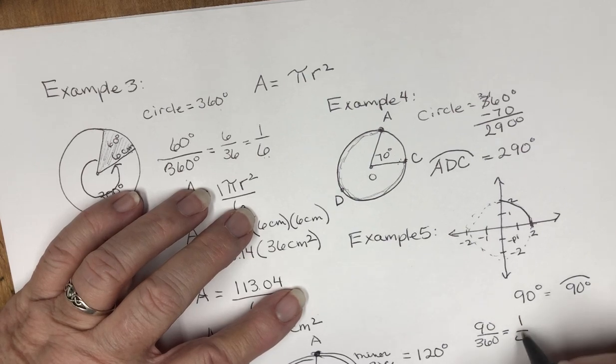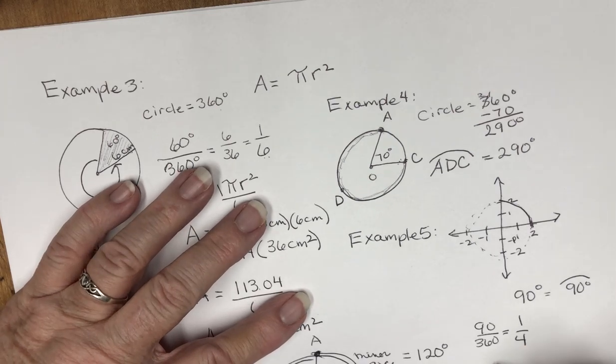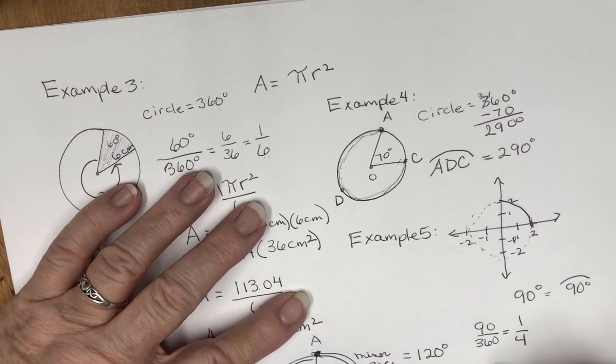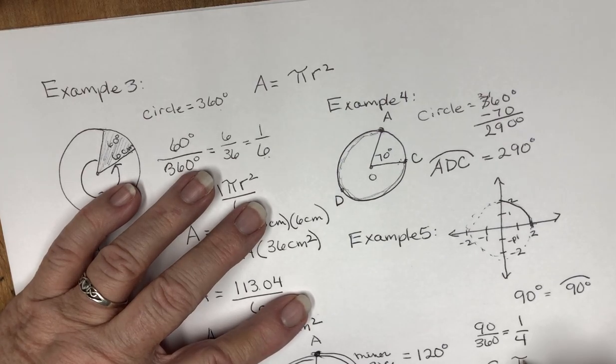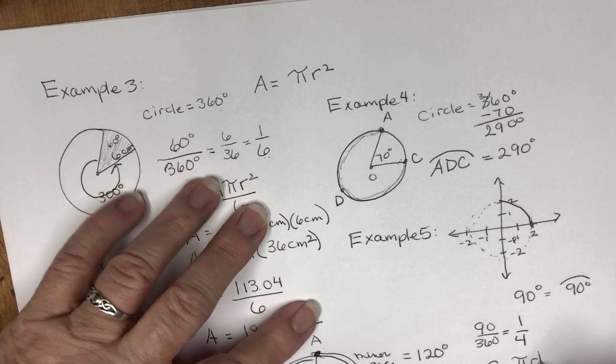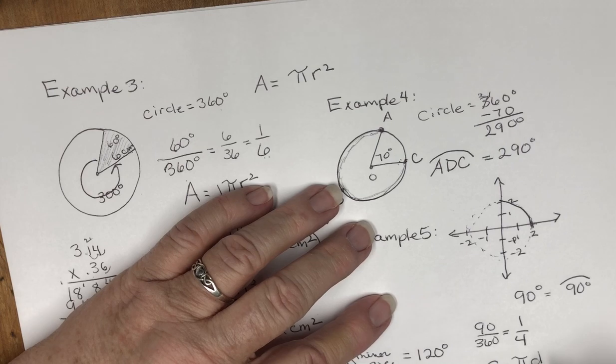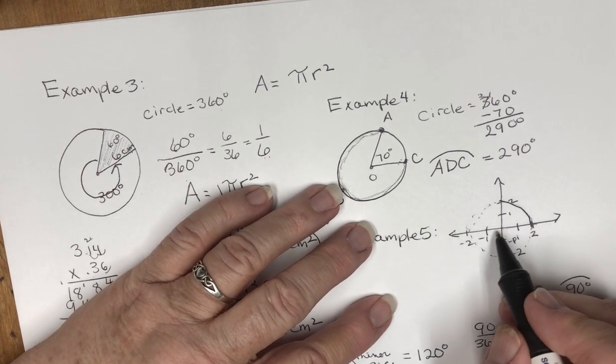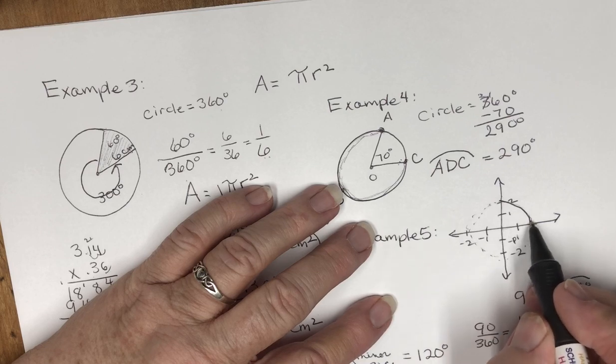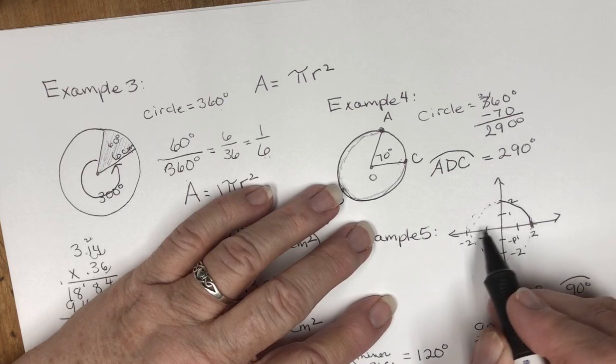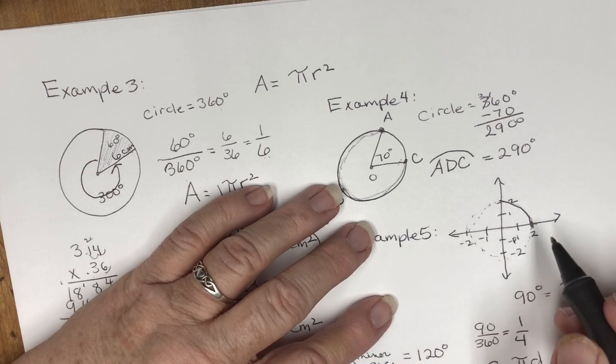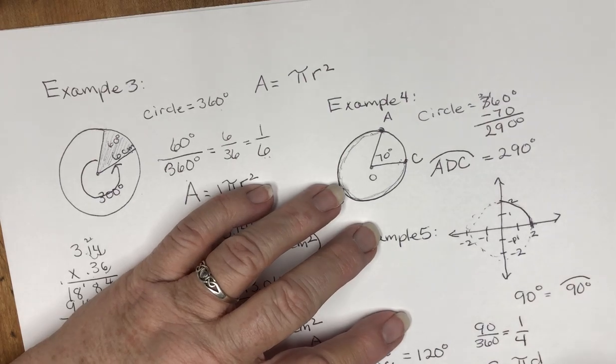90 and 360, 1/4. So now I would take my circumference formula. Circumference equals pi times the diameter. And I would have to divide it by 4. So my diameter is going to be from here to here is 2, from here to here is 2, so it's 4 units.